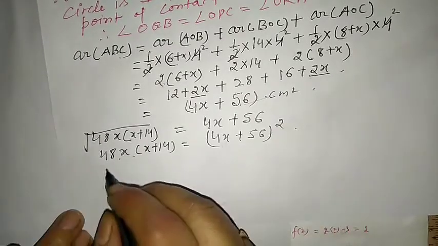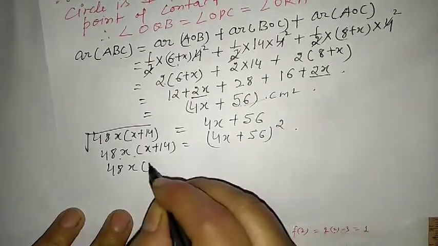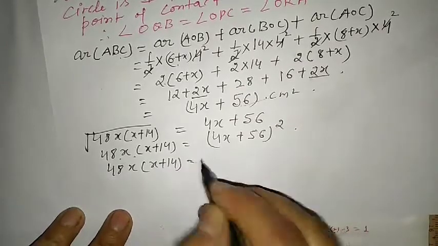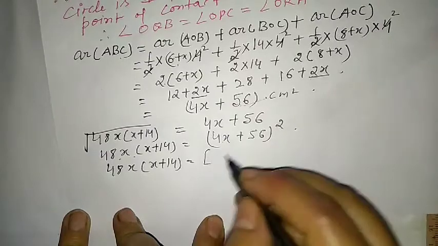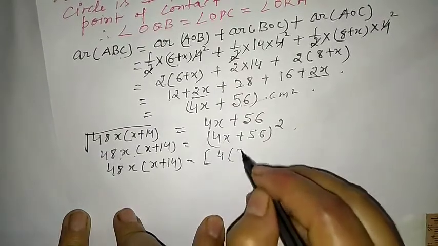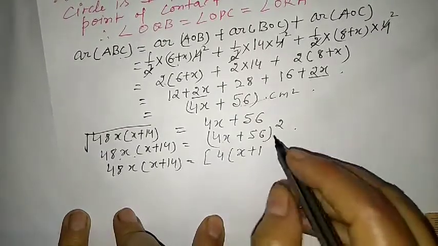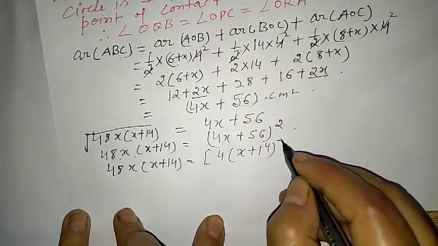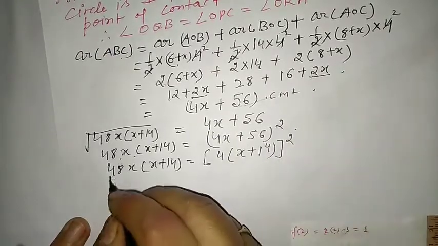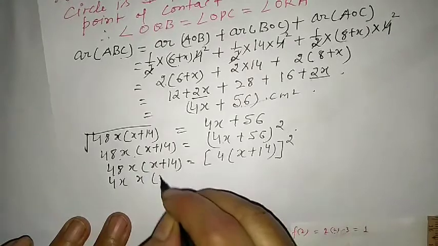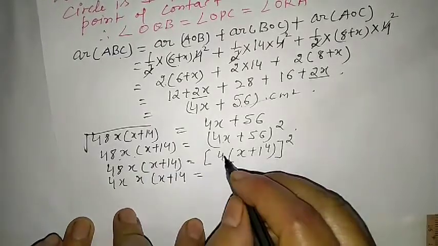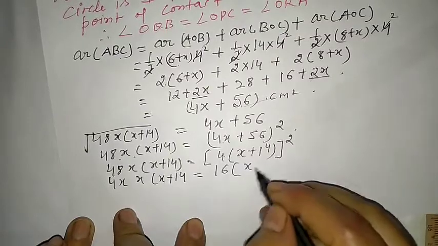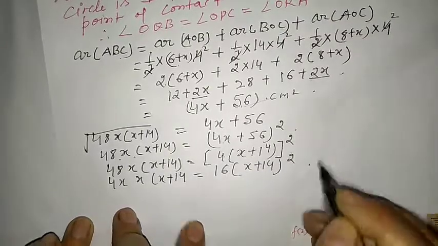Now this will be as it is, 48x plus 14. Calculation is your own. How can you do it? So I am taking 4 common from here inside, x plus, here we have 14 inside the bracket, square is still there. So 48x, x plus 14 is equal to, now open the square, 4 becomes 16 and x plus 14 whole square as it is.